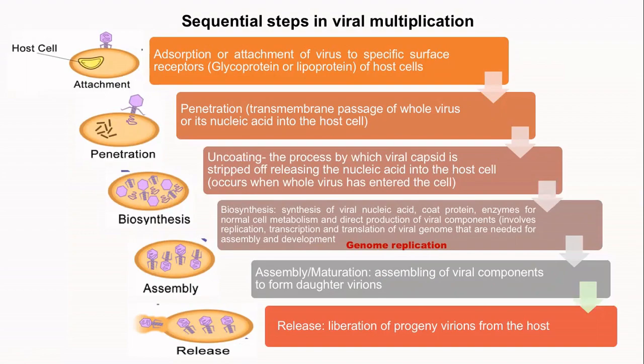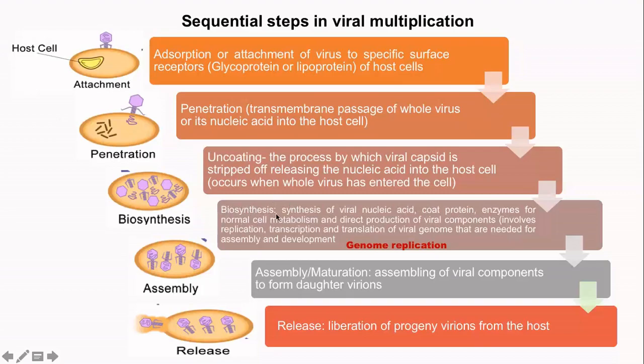So that is when the whole virus is entering into the host cell. But most of the time, the viral capsid is left outside, and only the genetic material penetrates inside the host cell. So whatever it be, once the genetic material of the virus is inside the host cell, it takes over the machinery of the host cell and starts biosynthesis.